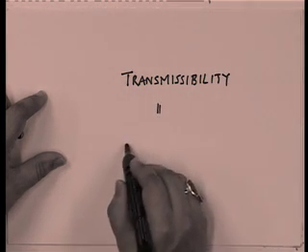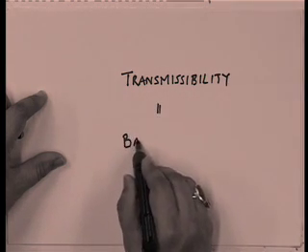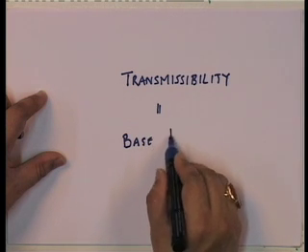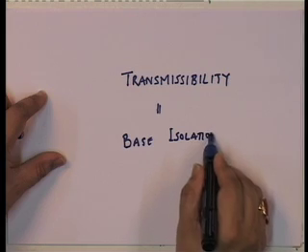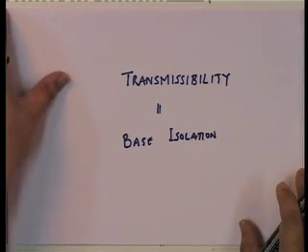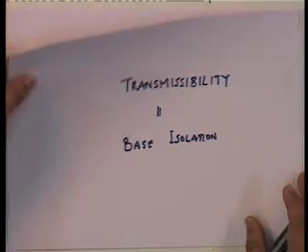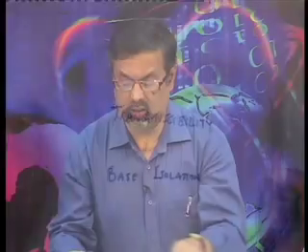And we look at the specific problem of the base isolation. Okay. So, now the key point to note is that when you look at force transmissibility, what kind of values did we get? Let us look at it.